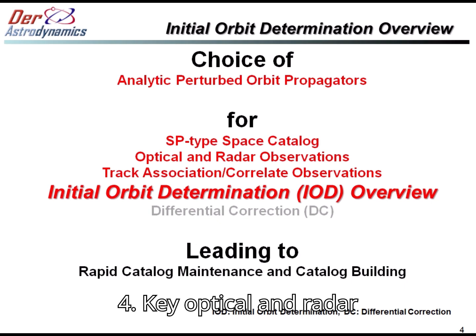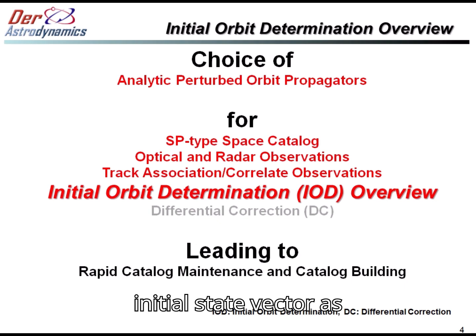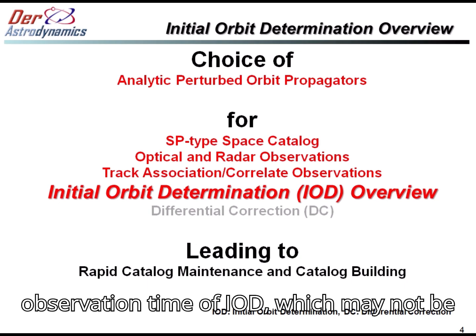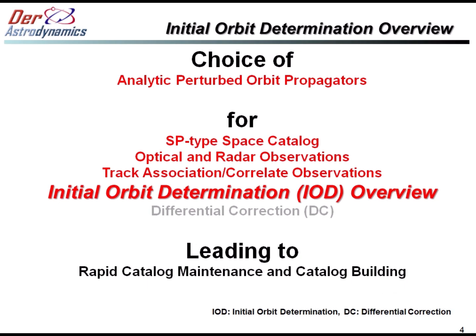Key optical and radar equations and how to deduce the initial state vector as input to DC. Again, the initial state vector for DC is normally chosen at the first observation time of IOD, which may not be the same as the output of an IOD algorithm.